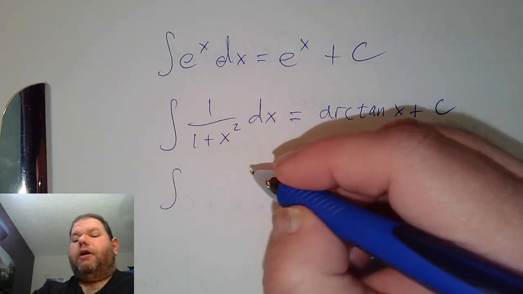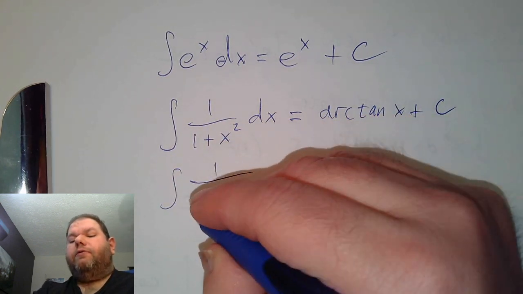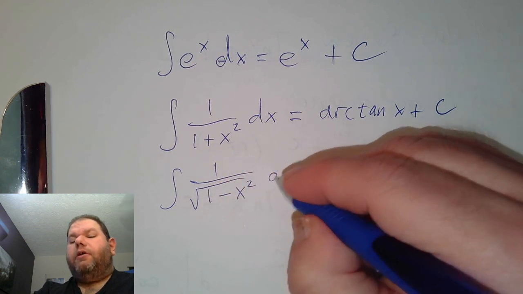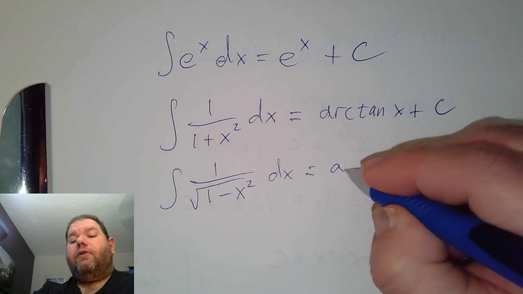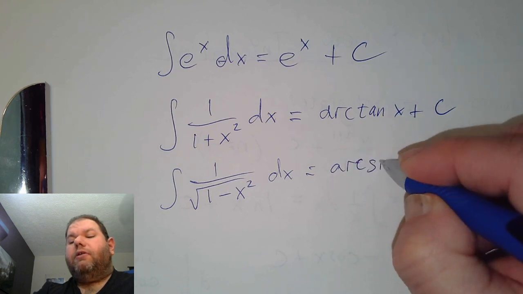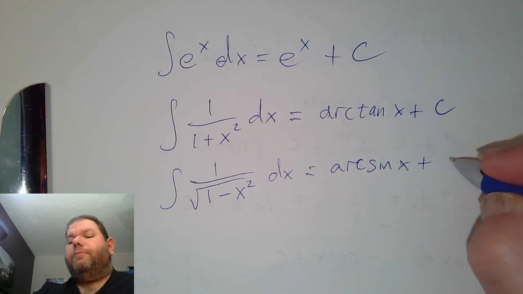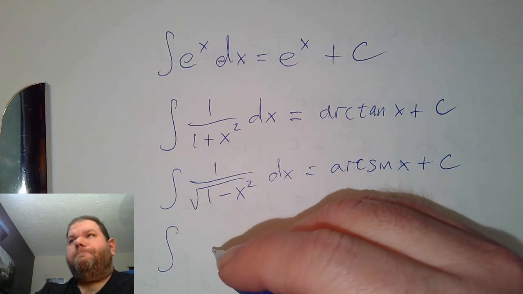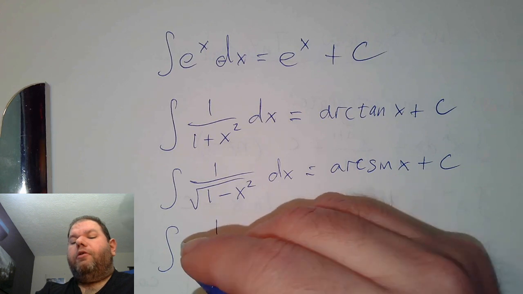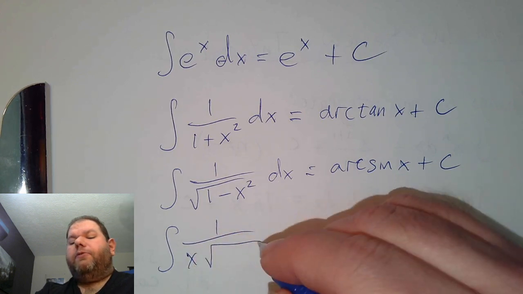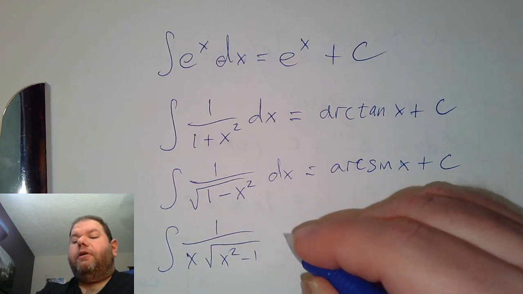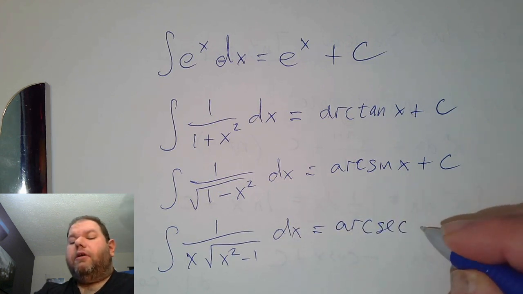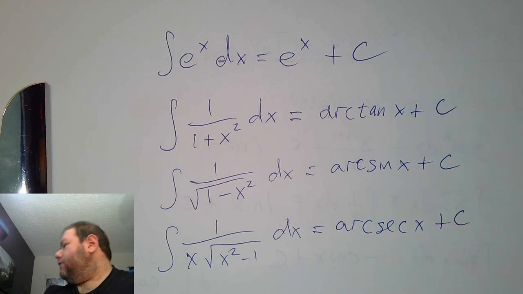Also the integral of 1 over the square root of 1 minus x squared dx is arcsine x plus c, and the integral of 1 over x times the square root of x squared minus 1 dx is arcsecant of x plus c.